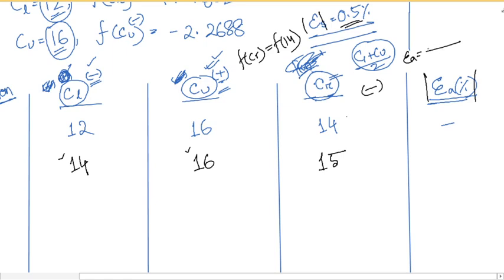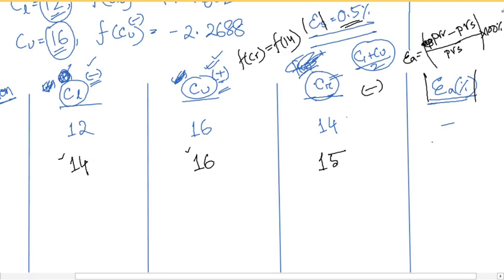So epsilon A is the previous approximation minus the present approximation, divided by the present approximation, multiplied by 100%. That is epsilon A, and we will be determining it in absolute value.